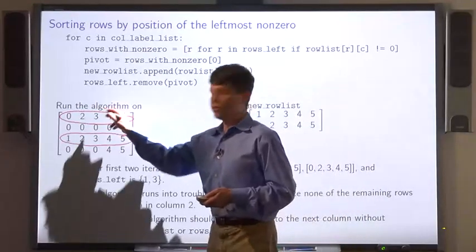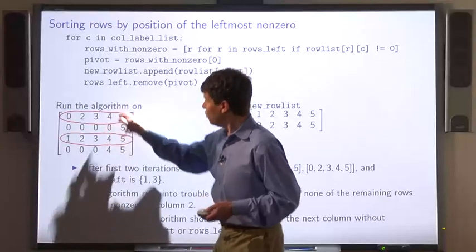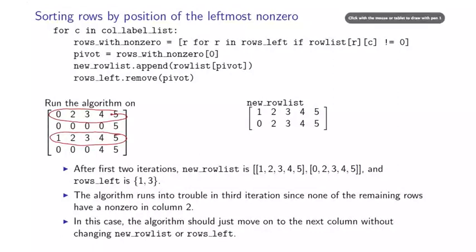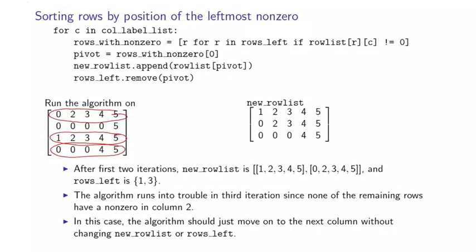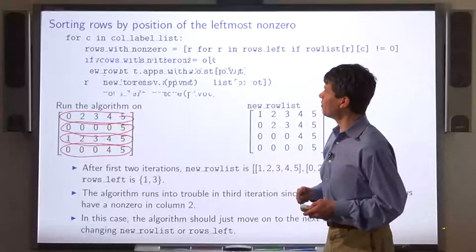So since column 3 doesn't have any non-zeros among the remaining rows, it moves on to column 4, and it finds this row, adds that to new row list, and finally goes to the next column and finds this row and adds that to new row list. So we should change the code to handle this case.